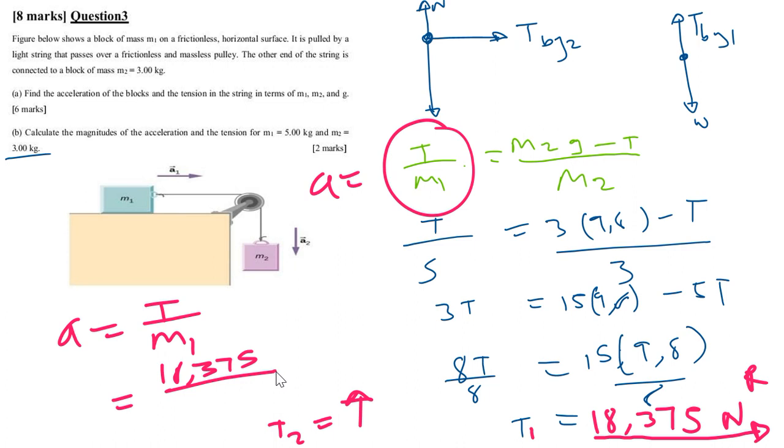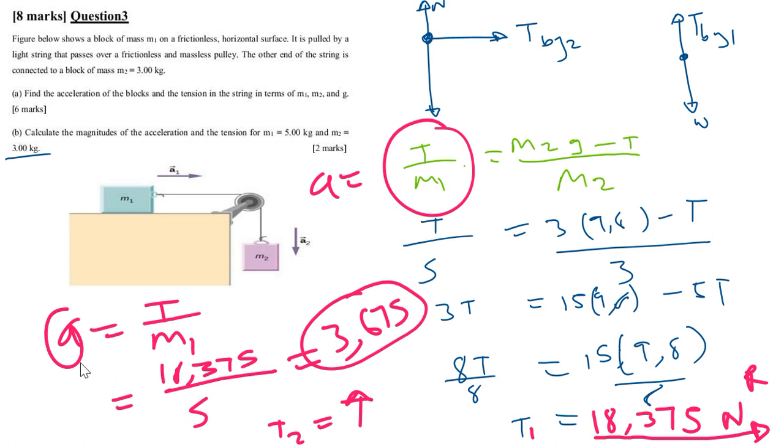You put your mass 1. Where is mass 1? Oh, yeah, it's 5. Then you get an answer divided by 5, and you put it here, which is equal to 3.675 for your acceleration. Remember, acceleration should be the same in A and in 1 and 2. Let's prove that.